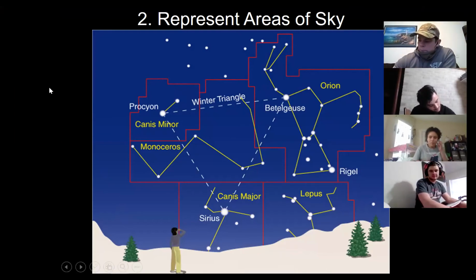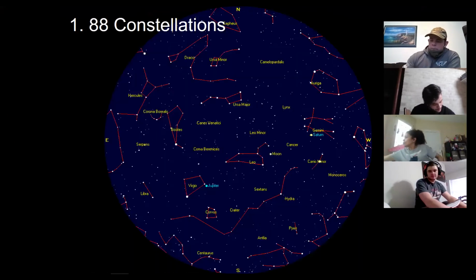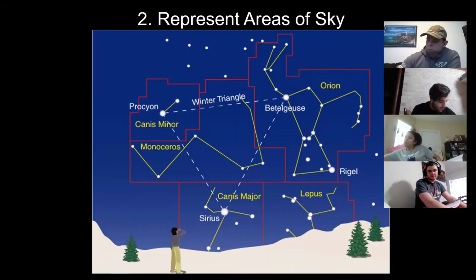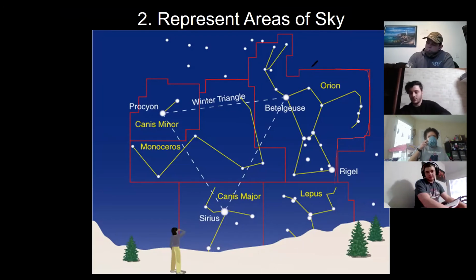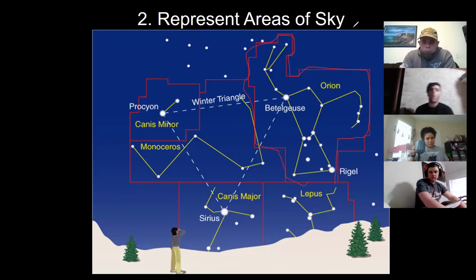So 88 constellations are recognized by the International Astronomical Union. The group of astronomers have blocked off these territories on the sky that follow the boundaries of the constellations. And anywhere you go on the celestial sphere, you're always in one of the 88 constellations.